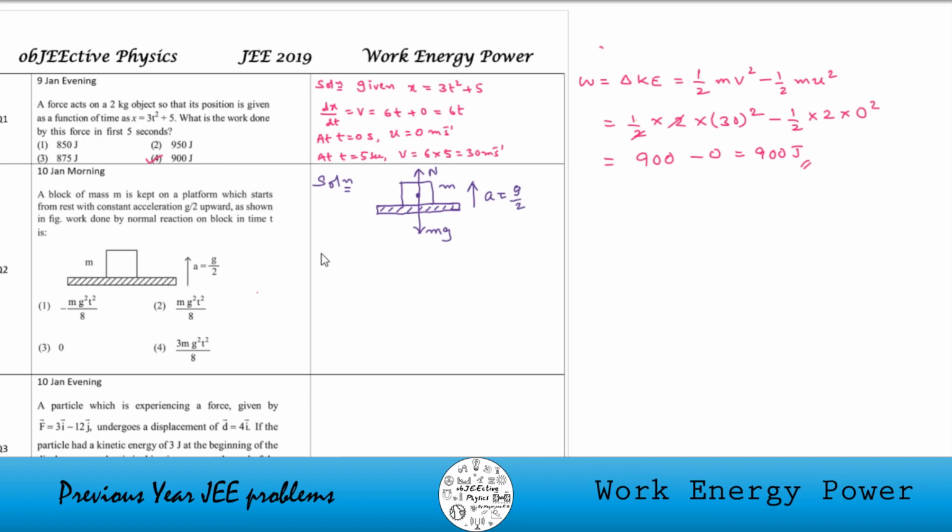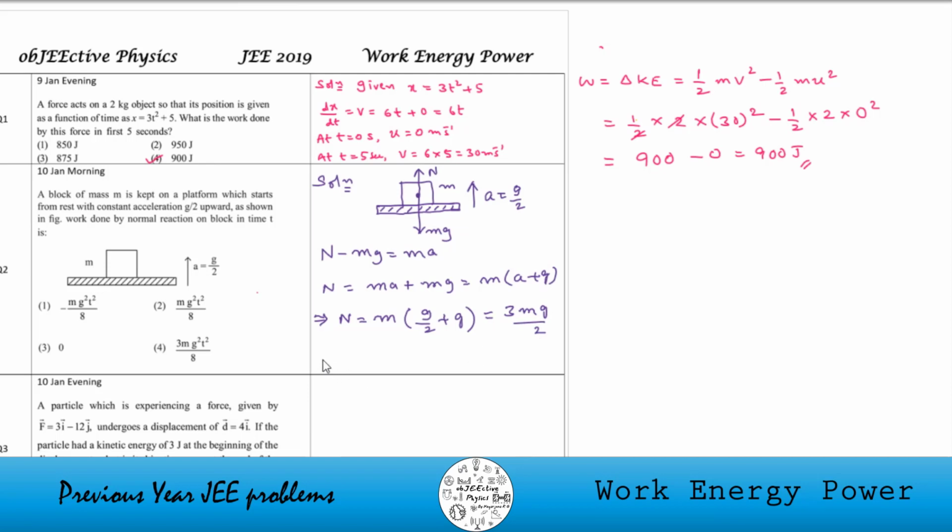Therefore, here the net force acting on the body, N minus mg, is equal to ma, or N is equal to ma plus mg, that is equal to m into a plus g. That implies N is equal to m into g by 2 plus g. So g by 2 plus g is equal to 3g by 2. Therefore N is 3mg divided by 2.